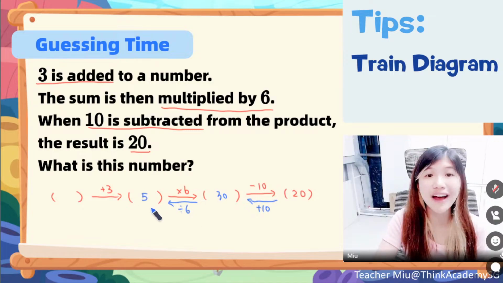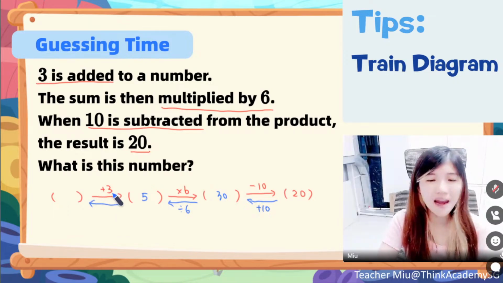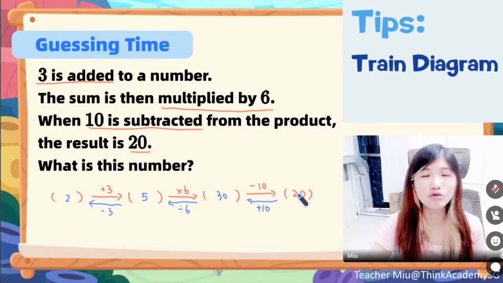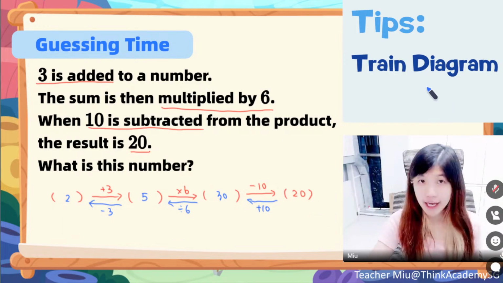Then again you go backwards. When you plus 3, you get 5, so going backwards you minus 3, which gives 2. So originally this number is 2. Then follow this order all the way to the end, you get 20. This is what we call the train diagram of working backwards.